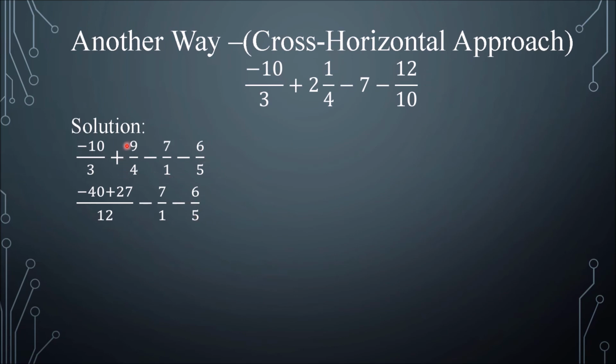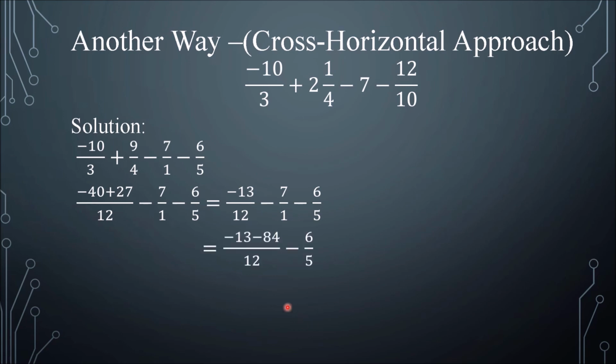Now, we do the cross-horizontal approach to negative 10 over 3 plus 9/4. So we have 4 times negative 10, negative 40. 3 times 9, 27. Over 3 times 4, 12. And negative 40 plus 27 is negative 13 over 12. Minus 7 over 1, minus 6 over 5.